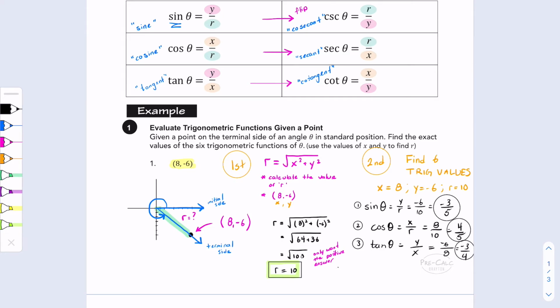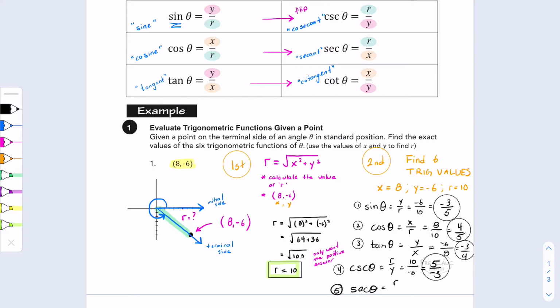Next in my table is cosecant. Cosecant of theta is r over y. R is 10, y is negative 6. That simplifies to 5 over negative 3. Next is secant.